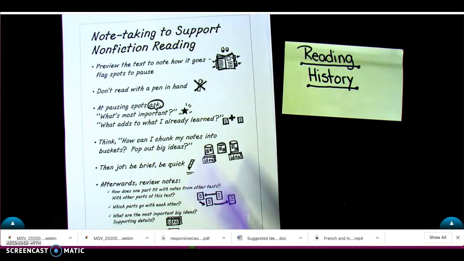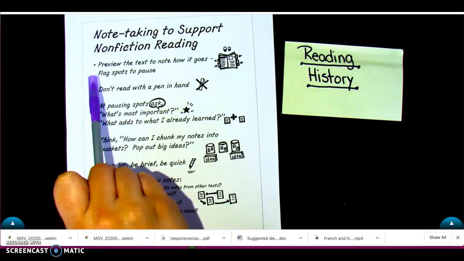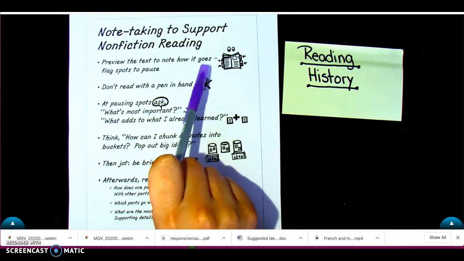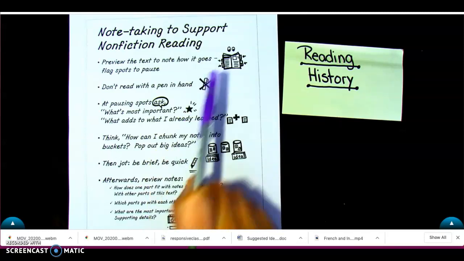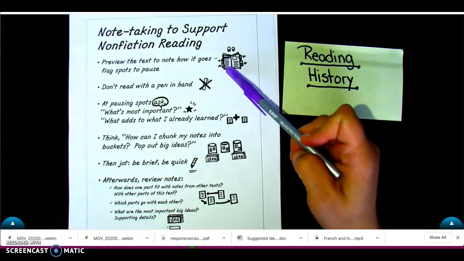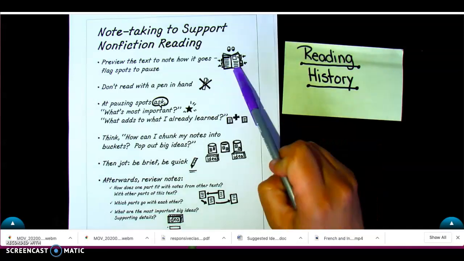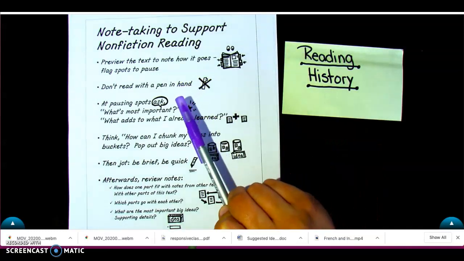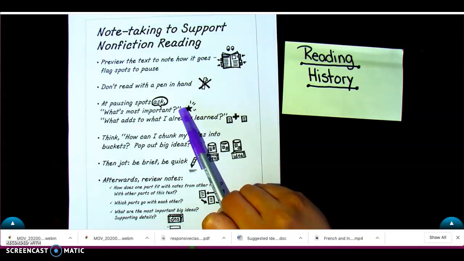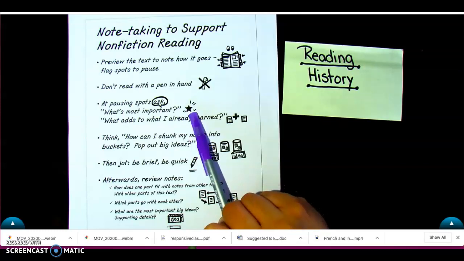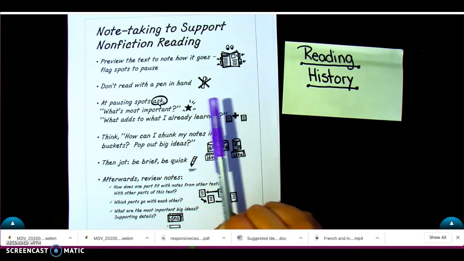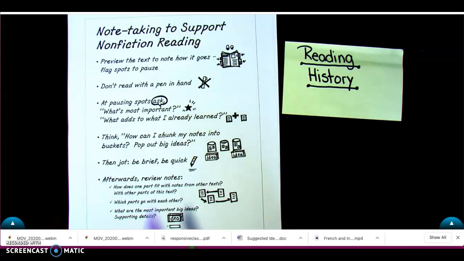Okay, so some things that we teach them are, when you get an article, preview how the text is going to go, where you are going to stop and think about what you read, pause at different parts of the text and think about what's most important and how does this add to what I've already learned from previous readings.